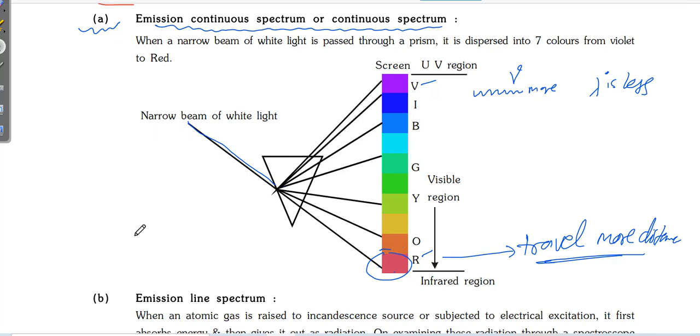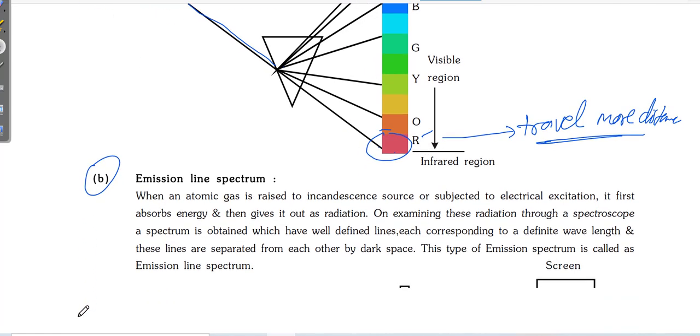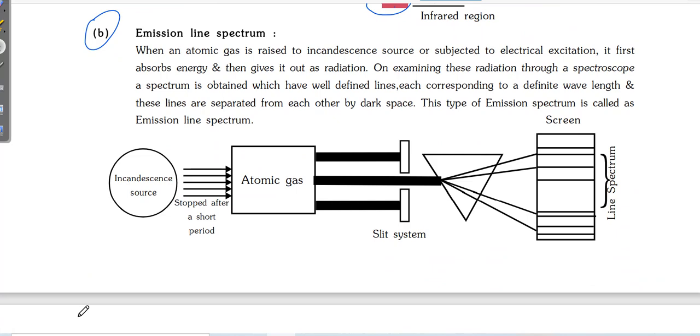Now, this is the continuous spectrum, right? Next, the emission line spectrum. I already explained: an atomic gas is excited, then we stop the light. The excited electrons, while de-exciting, release some energy. This released energy passes through the prism and gives one spectrum, the line spectrum, where a few wavelengths are missing.